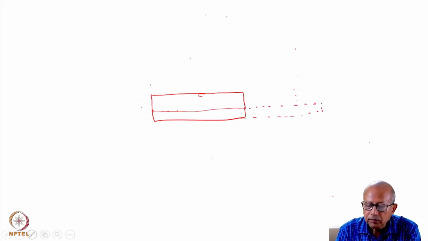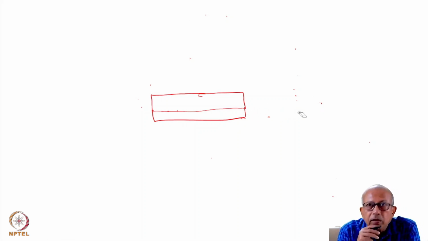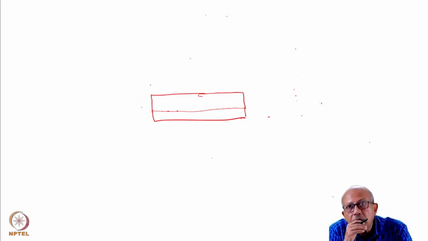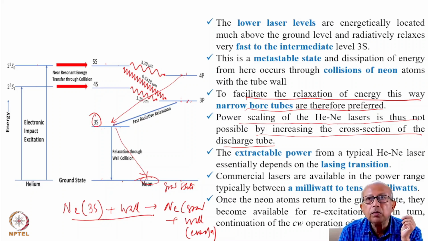Now, let us first assume increasing the volume by increasing the diameter. If you increase the diameter of the tube, you are hindering the relaxation of this metastable state as a result of collision with the tube wall.